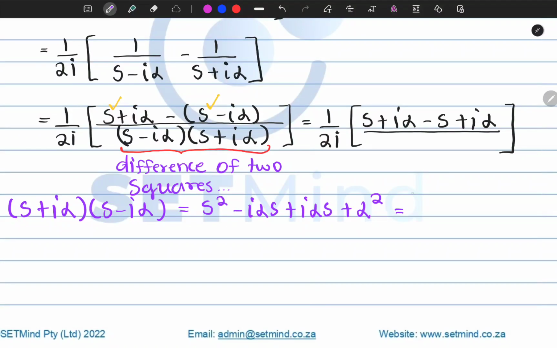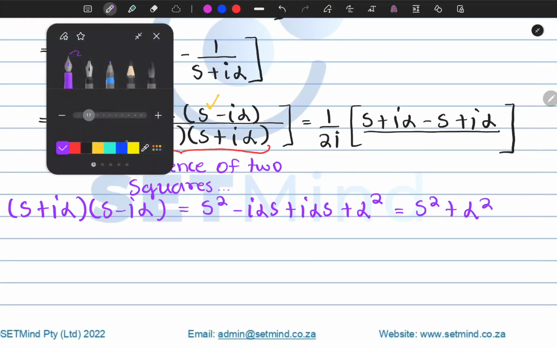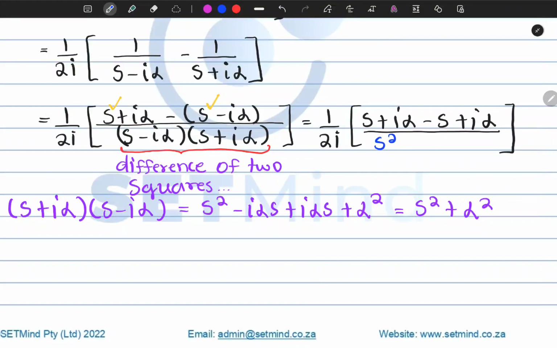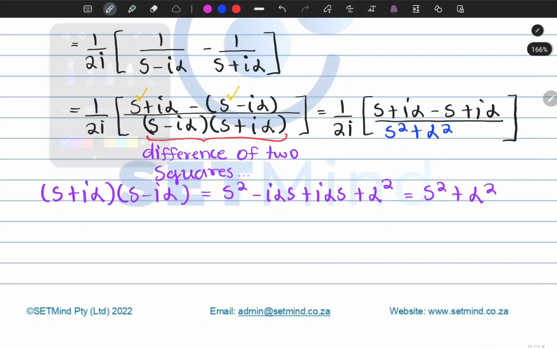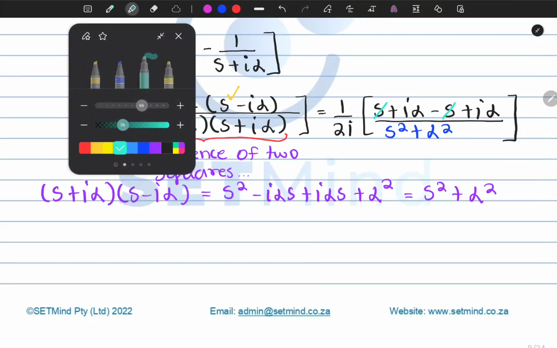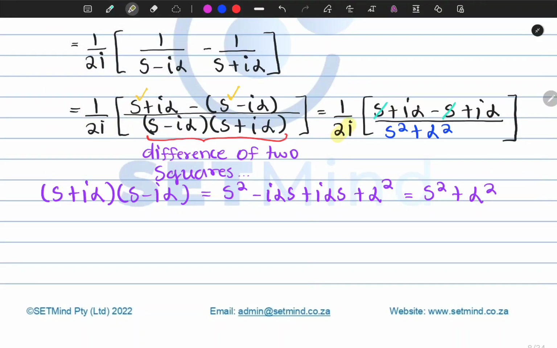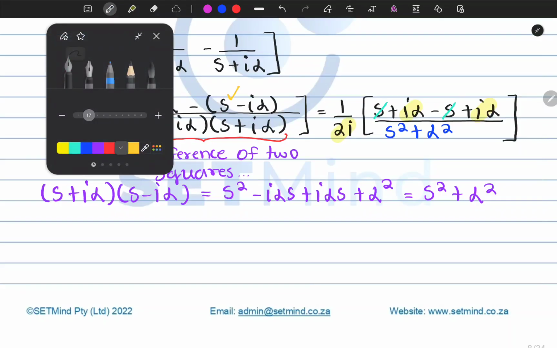So essentially that denominator there becomes s squared plus alpha squared, which is what we are supposed to put here. And there's terms which are going to cancel nicely.